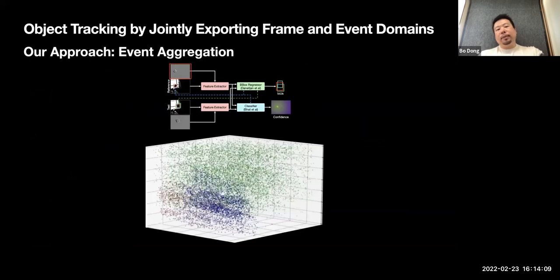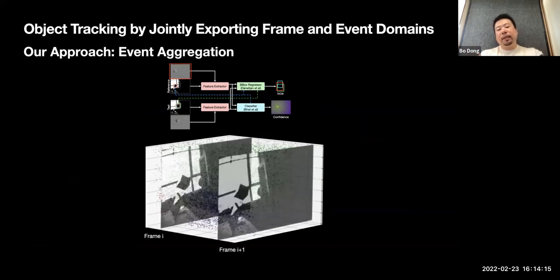So let's introduce how we accumulate these events together. Given two frames, in between them we can also collect the events. This has been leveraged by many research works, especially for slow motion reconstruction, where they leverage the events between the two frames to reconstruct the latent frame.